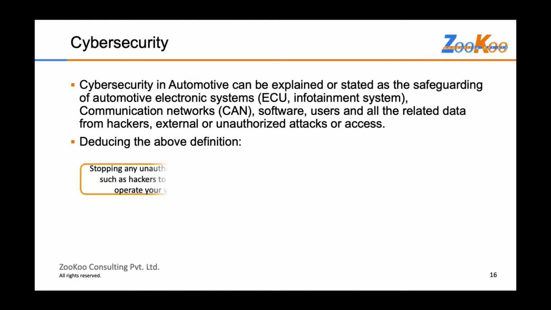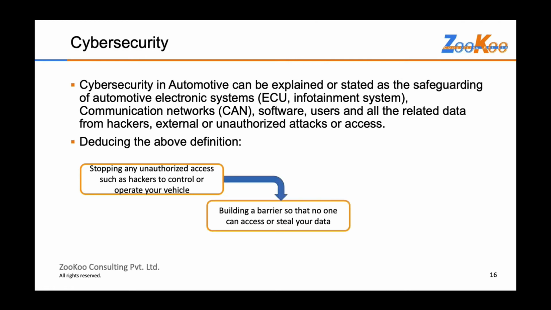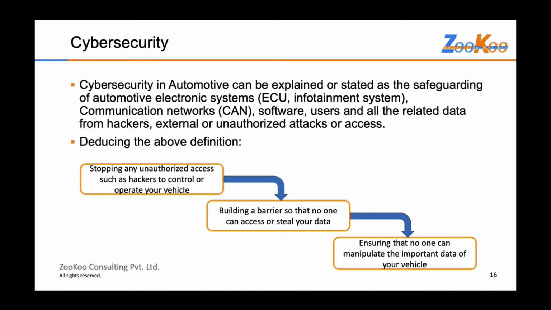How we can deduce this definition: again, if we can revolve all our activities around these high-level statements, then we can achieve this requirement. Stopping any unauthorized access, such as hackers controlling or operating your vehicles. Building a barrier so that no one can access or steal your data. And then ensuring that no one can manipulate the important data.